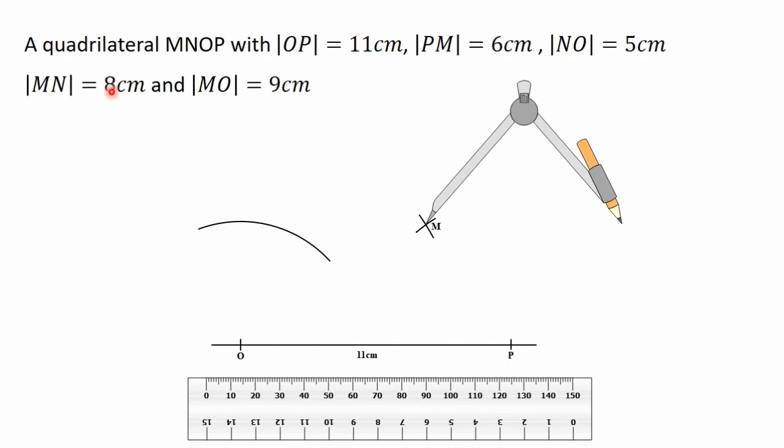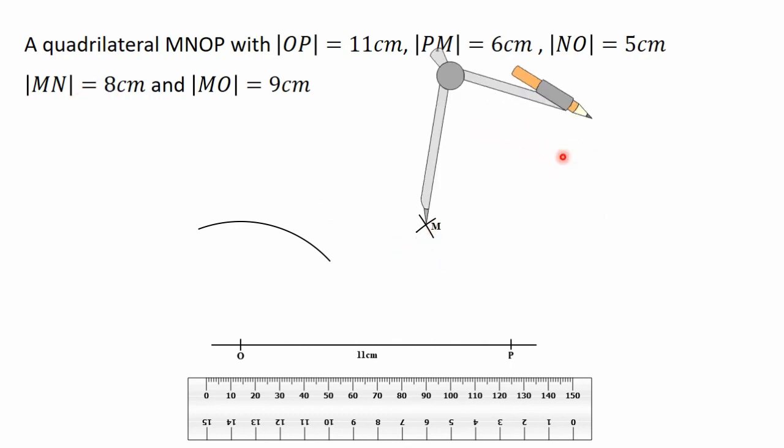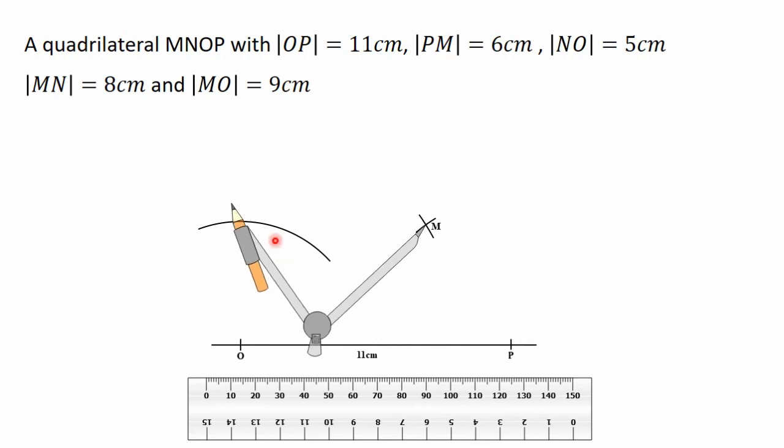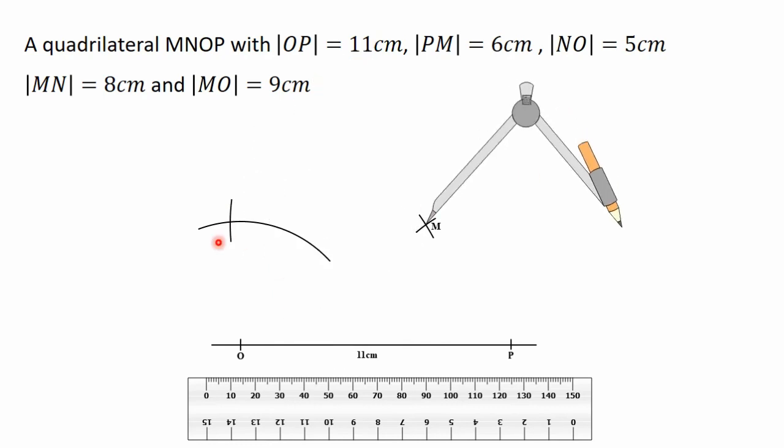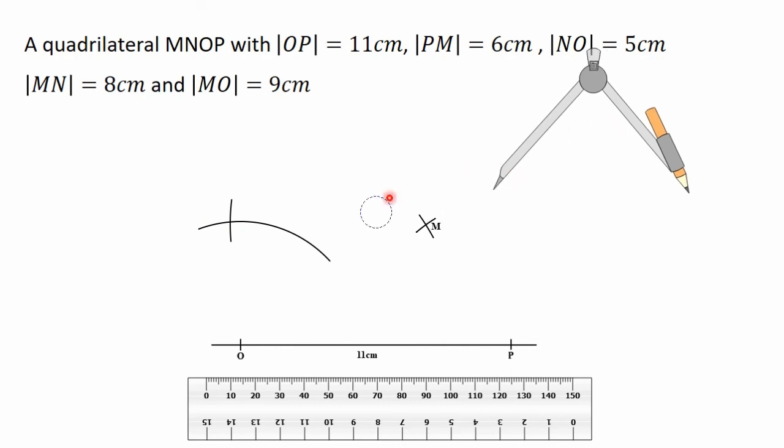So you put the needle of the compass on the point that you know, which is point M. Then you turn the compass and you construct an arc to intersect the arc that you have already constructed. The point of intersection of these two arcs will give us point N. I'm going to clean some parts of the arc so that you can see the point N clearly. So we have point N here.